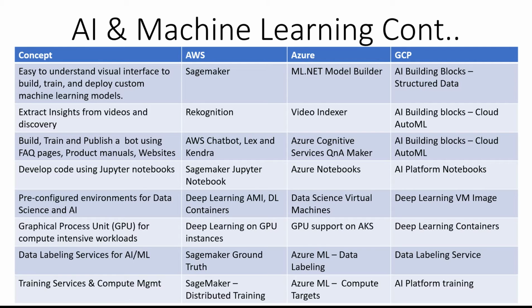Then next is the category of pre-configured environments. I think setting up this ML space itself is a lot of effort. It depends on the area of machine learning that you work in, but generally a lot of libraries and pre-configuration is required to get started on setting up this environment.